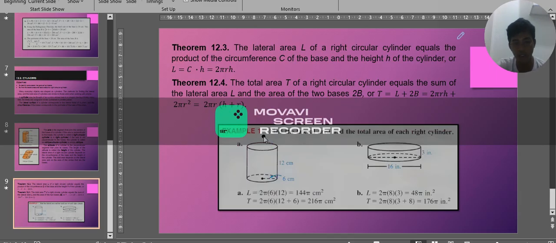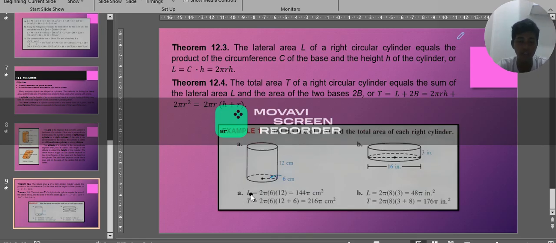Now, let's take this for example. Find the lateral area and the total area of each right cylinder. This is in terms of pi, so it doesn't have an approximate value as it is. In terms of pi, just leave pi, or simply merge pi to the integer that has been solved.